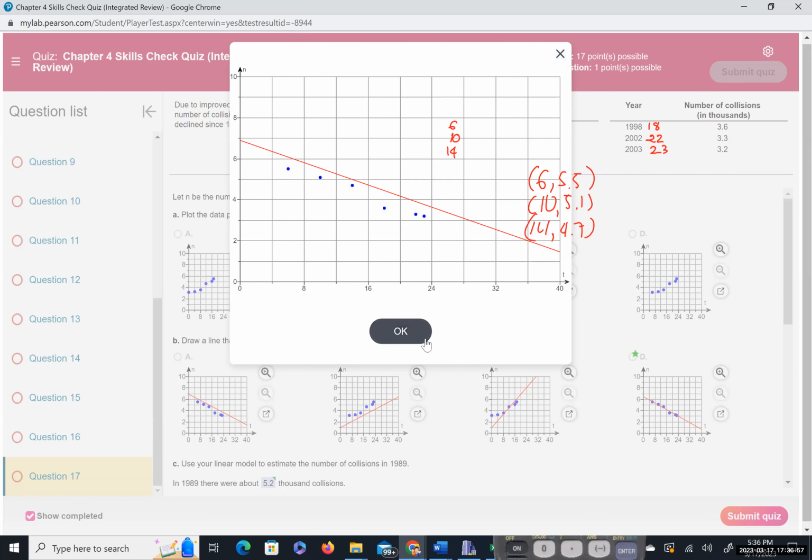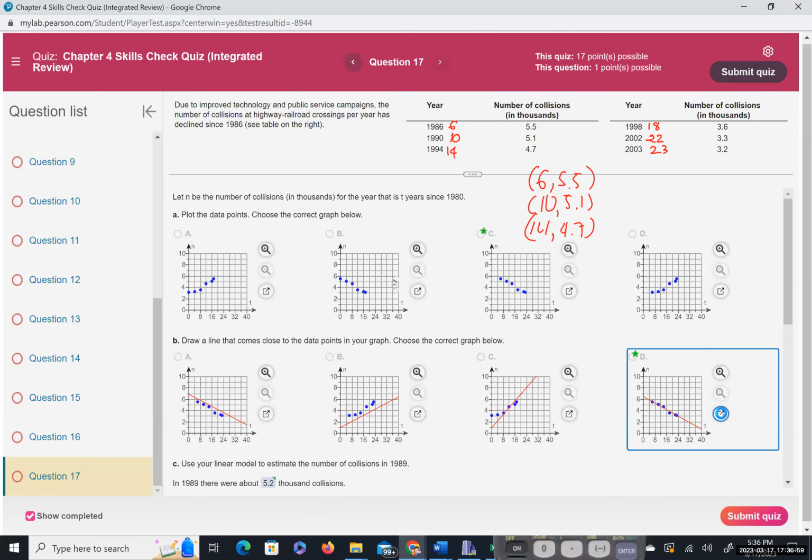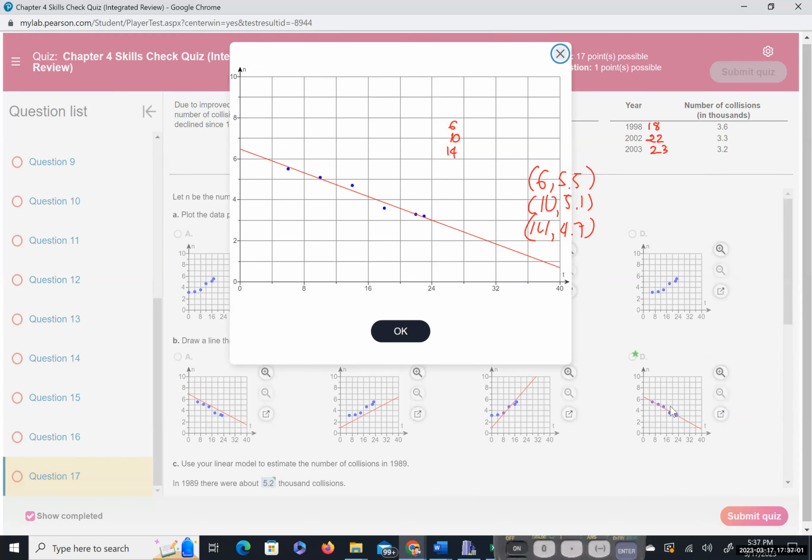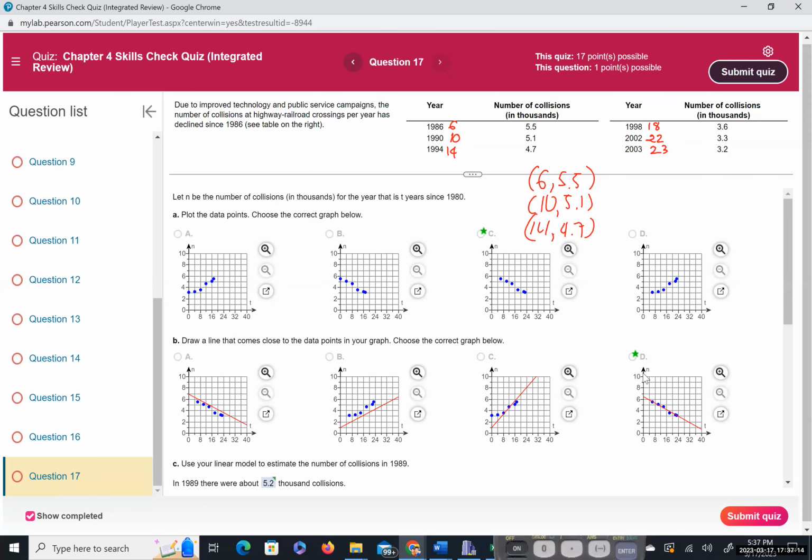So let's take a look at the other one over here. The line goes through some points and some other points are above or below. So that's going to be the best fit line, and that's the reason we have D as the answer for this one, right?